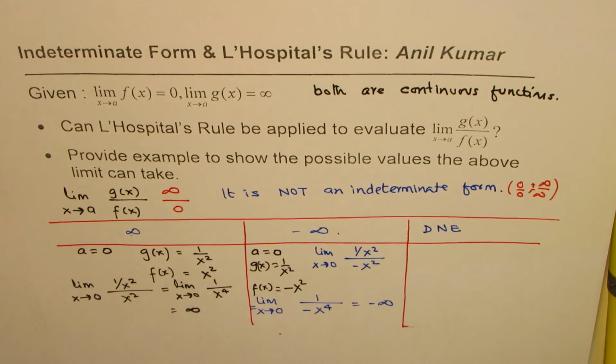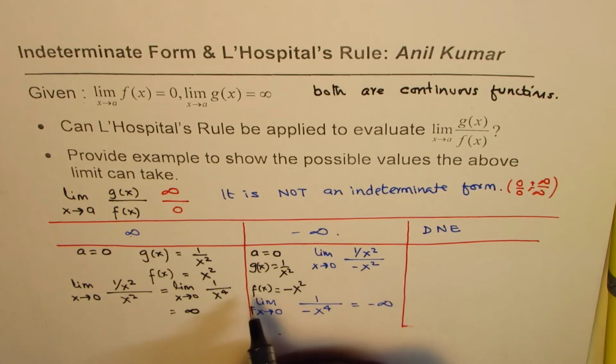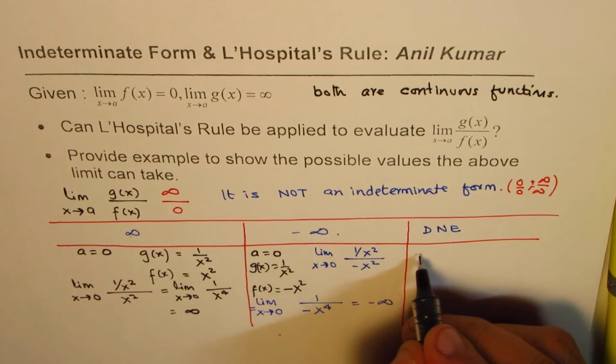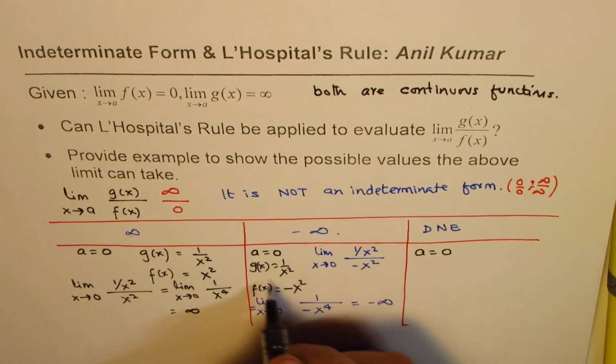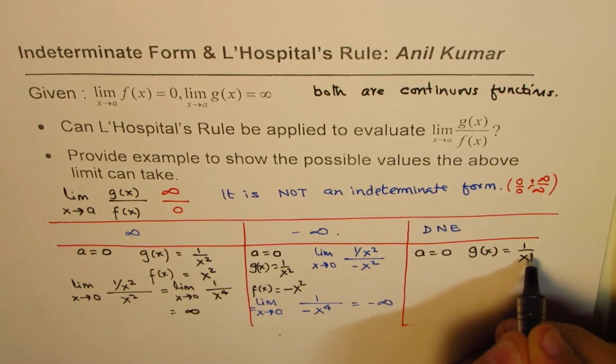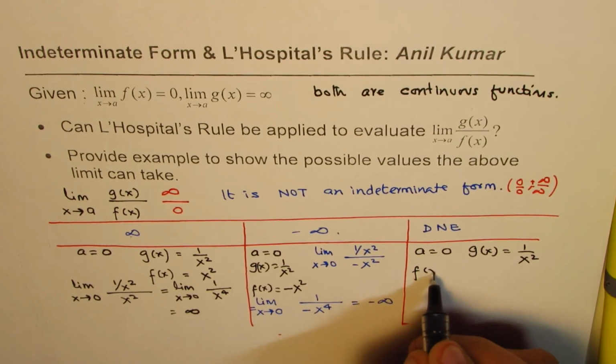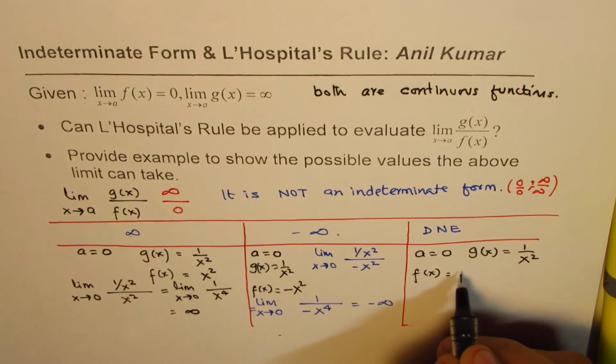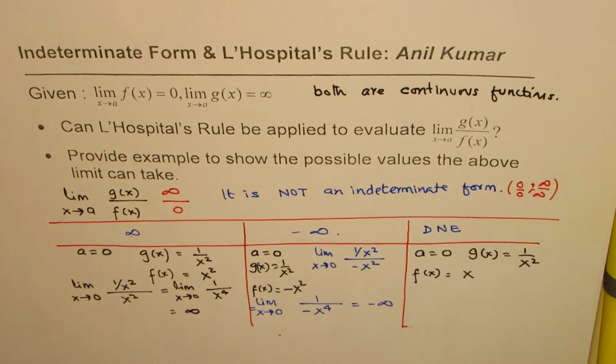Now, how do I get a does not exist kind of result? Can you tell me that? Well, we could do it like this. We can say a equals 0, g of x equals 1 over x squared, and f of x equals, let us say, x.